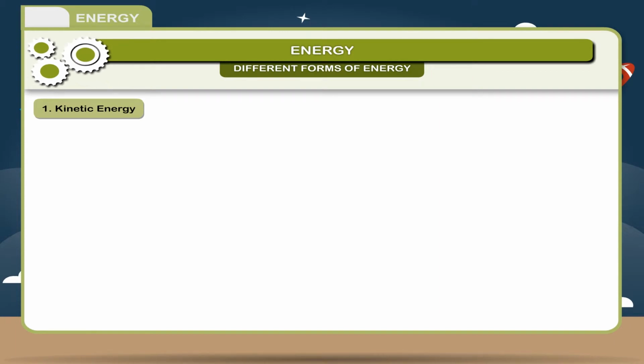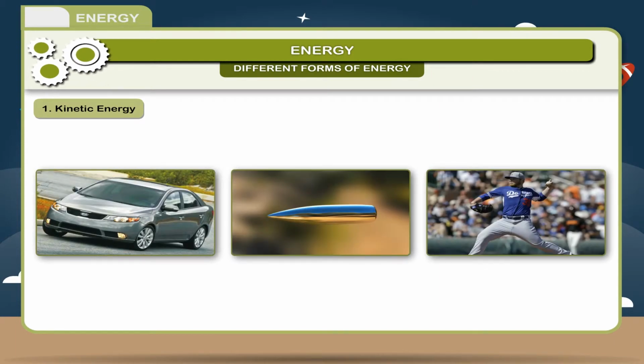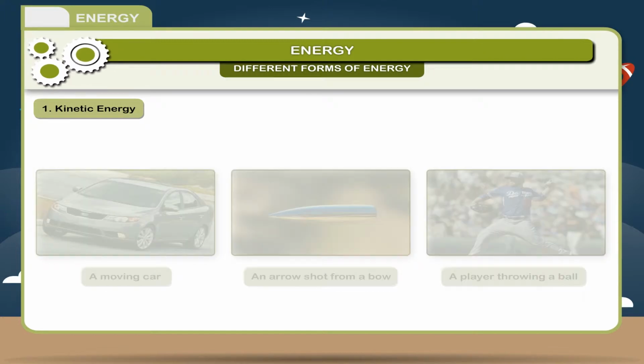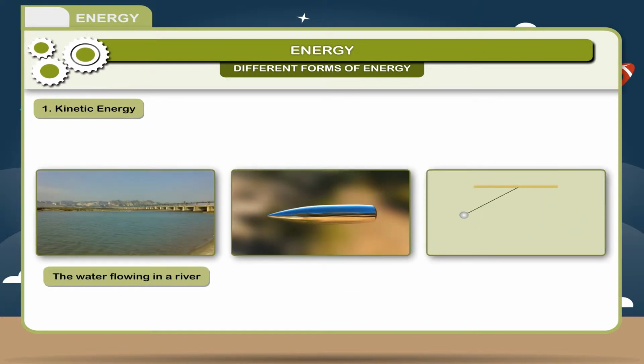Kinetic energy. The energy possessed by a body due to its motion is called kinetic energy. A moving car, an arrow shot from a bow, a player throwing a ball, all these are examples of kinetic energy. The water flowing in a river and a high-speed bullet possess kinetic energy.